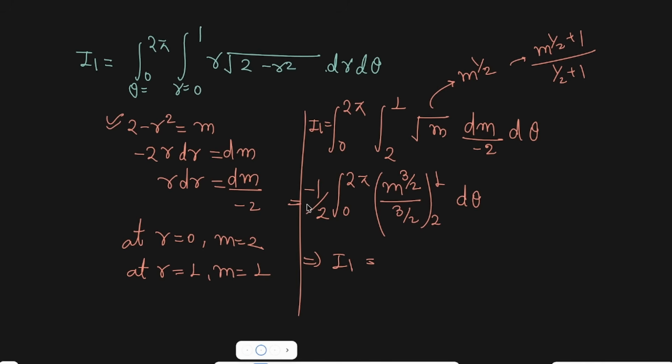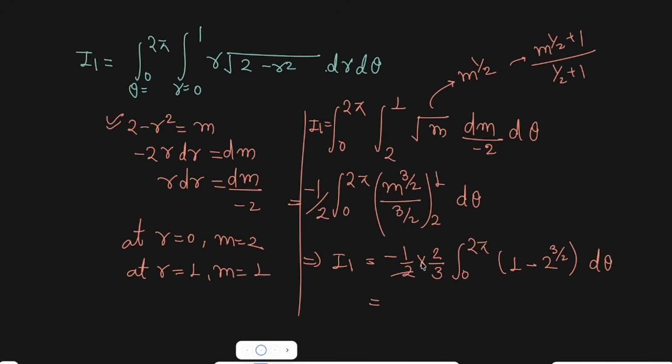So if I take a minus, it will be minus 1 by 2. Now you take 0 to 2 pi, put the value. Before going to this, can I write it is 2 by 3, yes, it is 2 by 3, and now it is 0 to 2 pi. When I put 1 here, it will be 1, when I put 2 here, it will be 2 power 3 by 2, and it will be d theta.